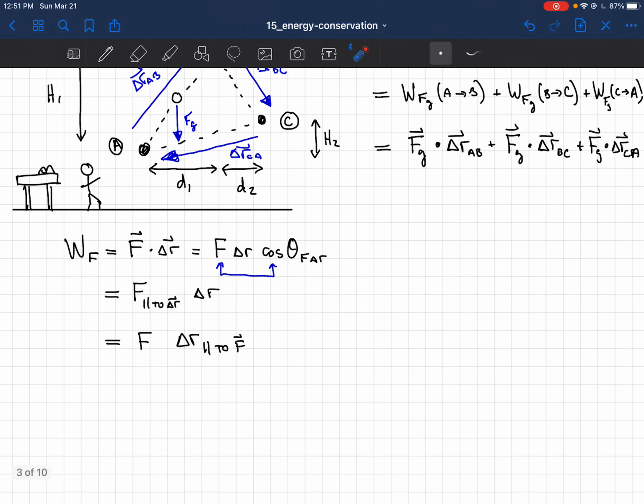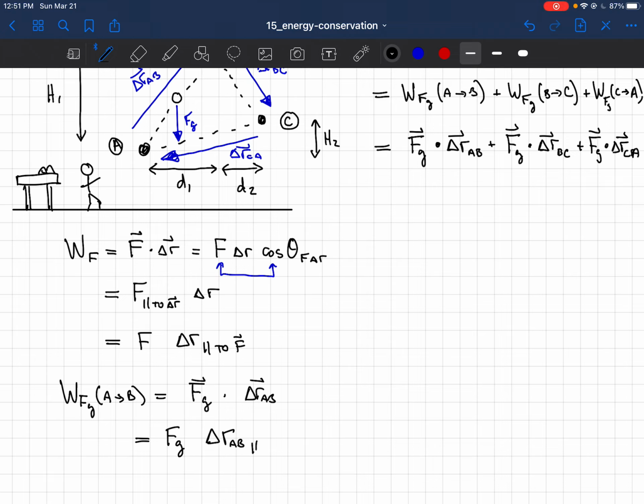So if I want to find the work done by the force of gravity from A to B, then that's going to be, as we set up there, Fg dot delta RAB. But I could write that as Fg magnitude times the component of delta RAB which is parallel to Fg.